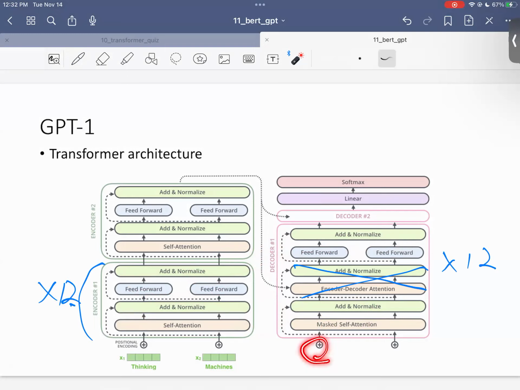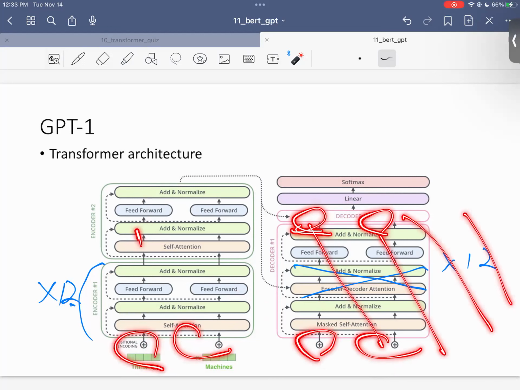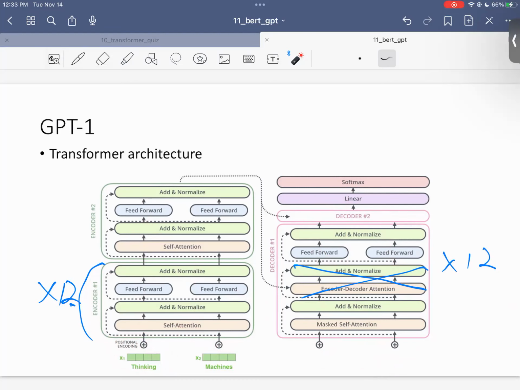So what you put in here, this will have to predict what is actually here. But in BERT, you mask this out and then you predict the identity of this mask token, which is this. So the position is the same. In GPT, the input and output are shifted by one position. But in BERT, the input and output stay in the same position. But architecture-wise it is very much similar, except for this.